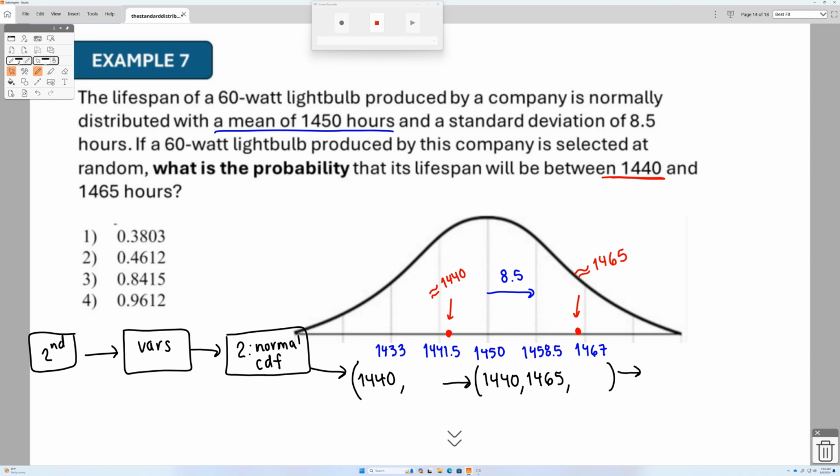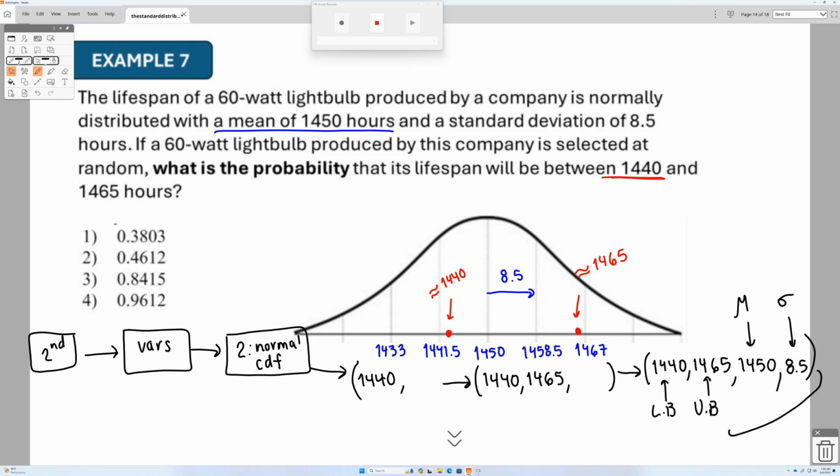The mean. And the standard deviation. Then, click Enter.